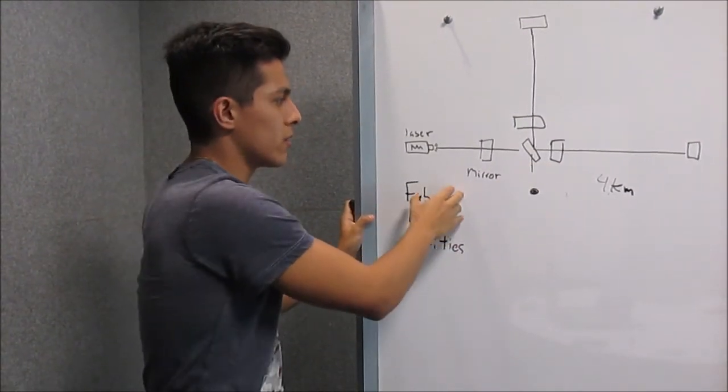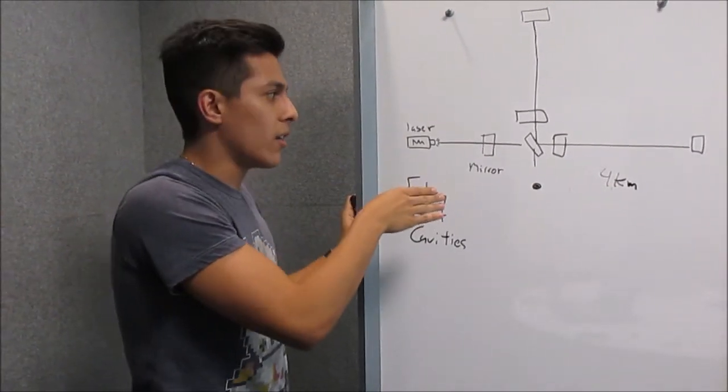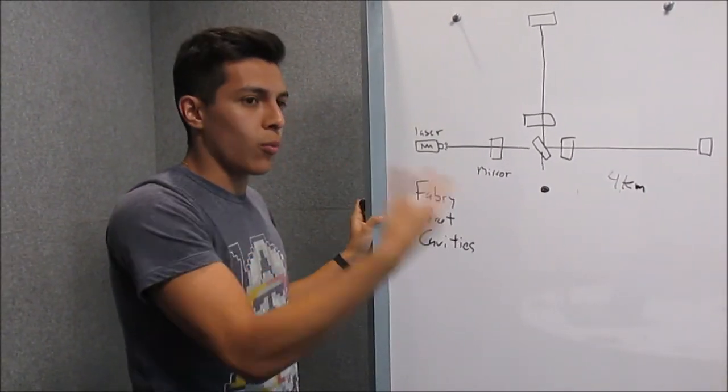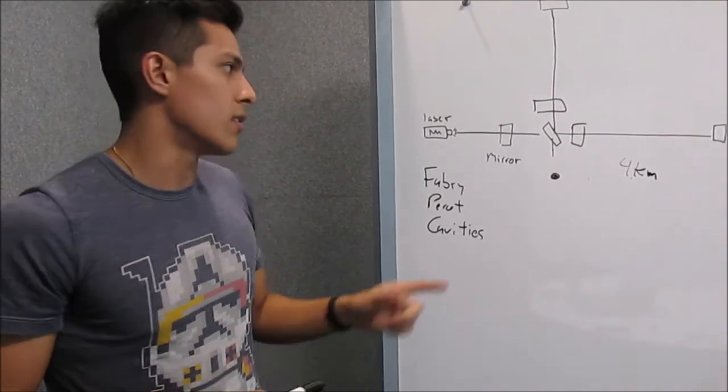So the photons incoming from the reflection and the photons incoming from the laser add up, and that gives more power, exactly 750 kilowatts instead of the 200 watts that was the laser incoming.